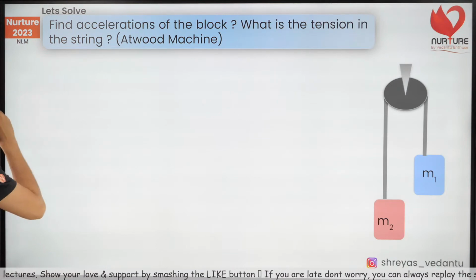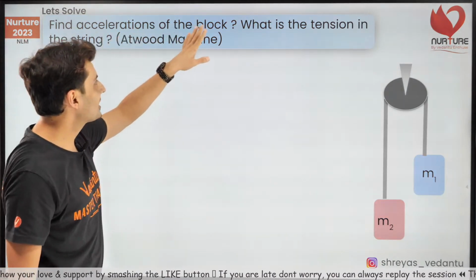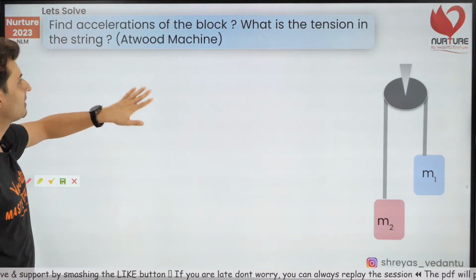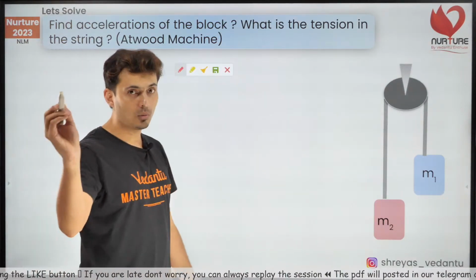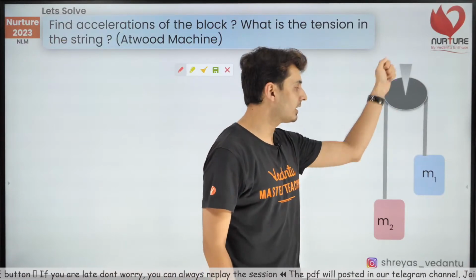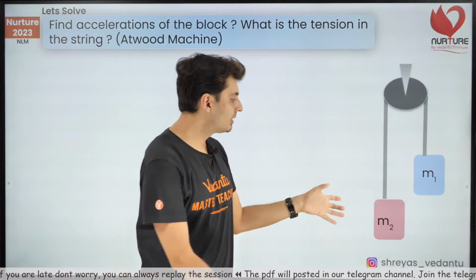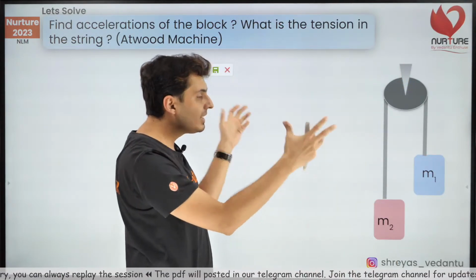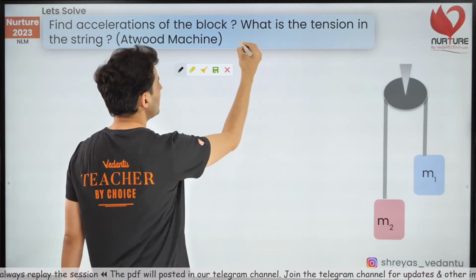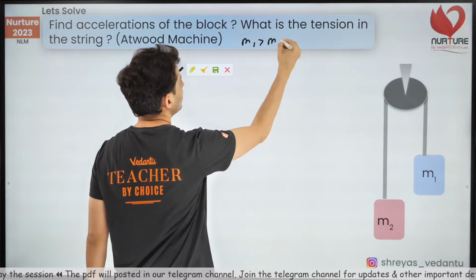Now find the accelerations of the blocks and the tension in the string. Start with the FBD. There is a pulley and a string going over it, with a block on each side that will go up and down. Let's assume M1 is more than M2.